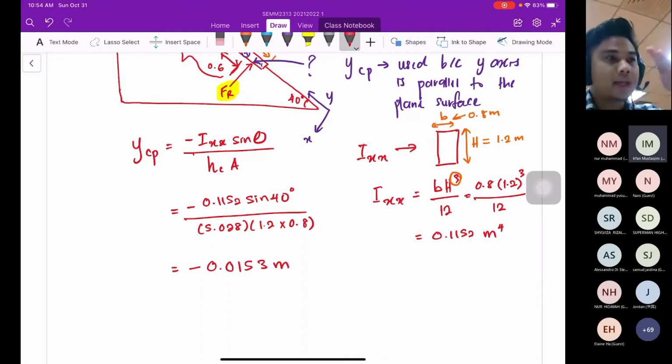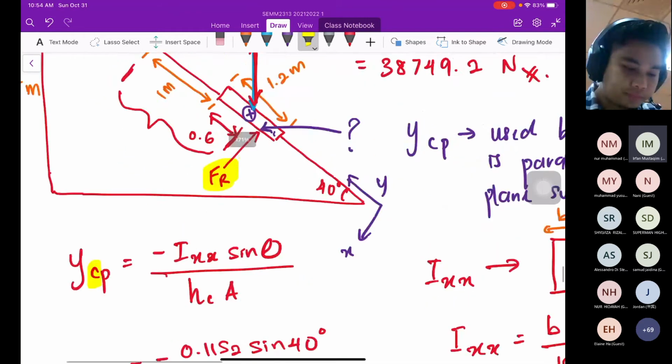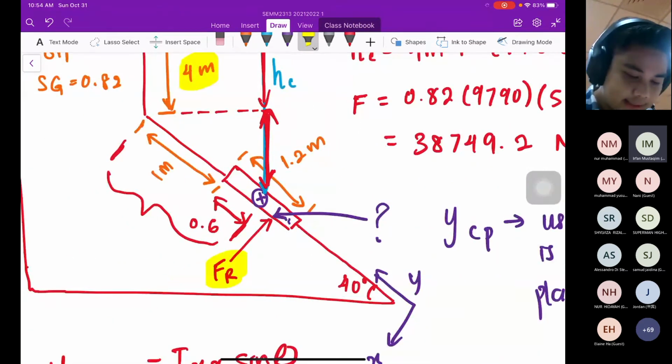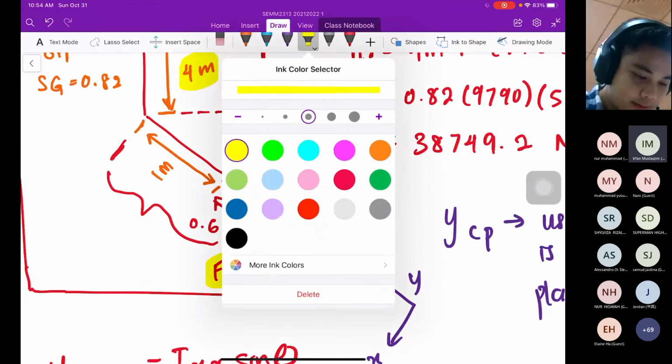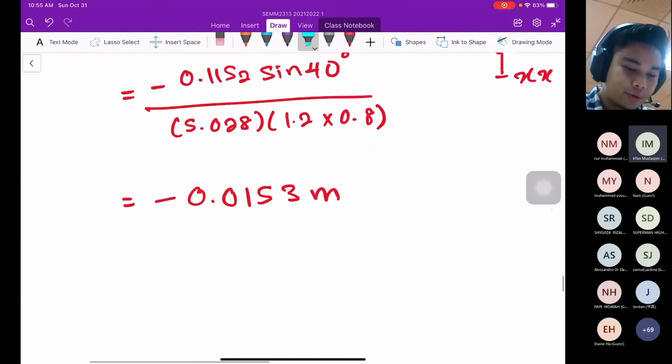That means it is below the centroid. Can you see it is C? C is centroid, so CP. From here, this is our centroid, right? So it is below the centroid by this value.